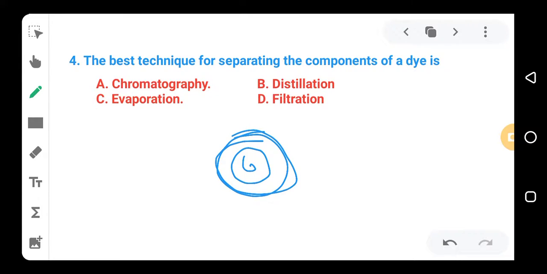So you see different colors on that filter paper. That is a simple case of chromatography, although we have more complex equipment for doing chromatography. So chromatography is the best answer for this, option A.